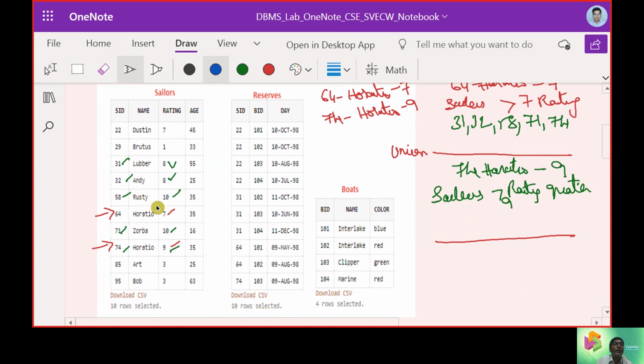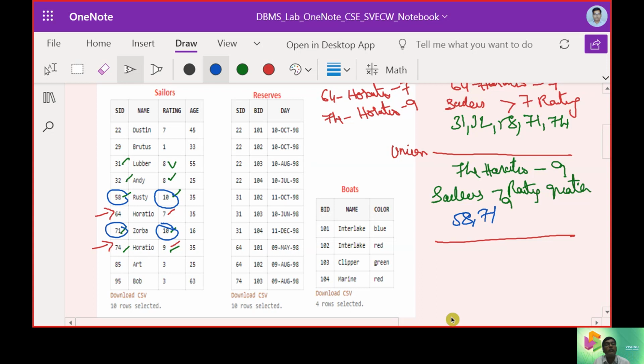We have one greater than 9, that is 10, Rusty 58. Then we have the other case, 10, that is 71.